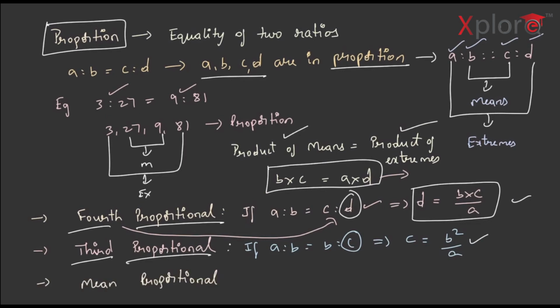And finally, mean proportional of A and B is given by the formula root AB.